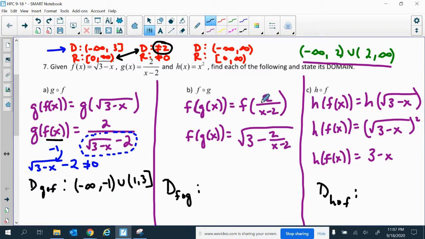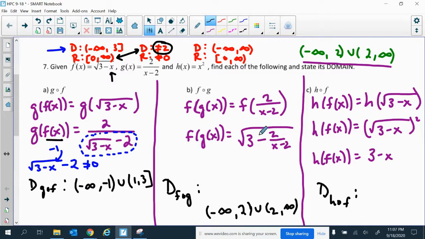F of g, I take 2 over x minus 2 and sub it in where x is. Okay, so I sub that in where x is. So clearly, the domain cannot be any bigger than -infinity to -2 union, or not -2, +2, union 2 to infinity, because that's the original domain.